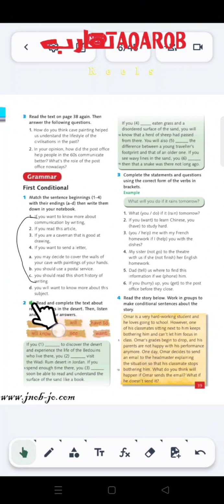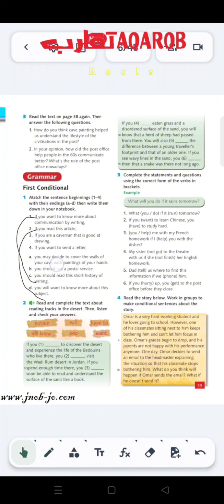So the answer is D. You will want to know more about this subject. So 2 is matched with D. If you read this article, you will want to know more about this subject.